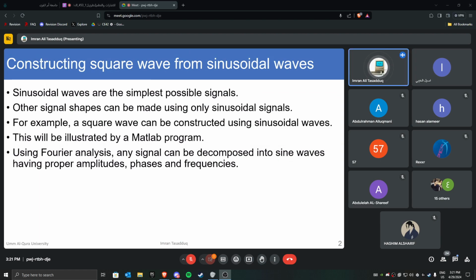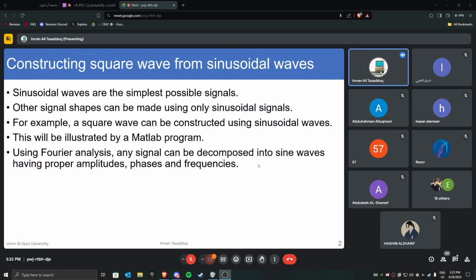No, this sine itself is a sinusoidal signal. You want to break it again into sine? Sinusoidal means sine and cosine. Yeah, sine or cosine, because cosine is the same as sine with just a phase shift. Okay. All right, is it clear now? Okay.